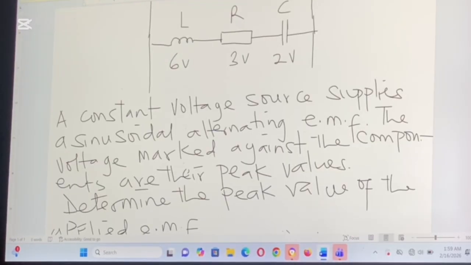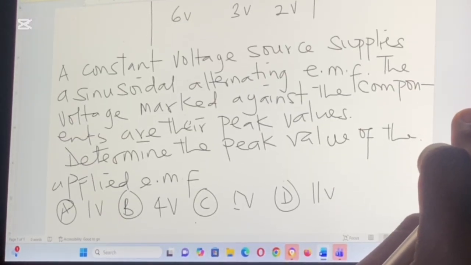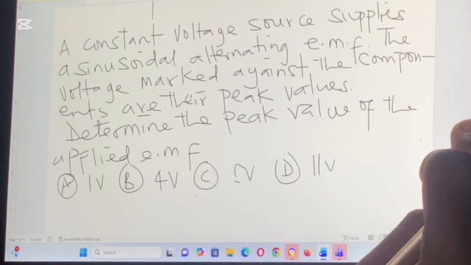There's a constant voltage source that supplies a sinusoidal alternating EMF. The voltages marked against the components are their peak values. Determine the peak value of the applied EMF.